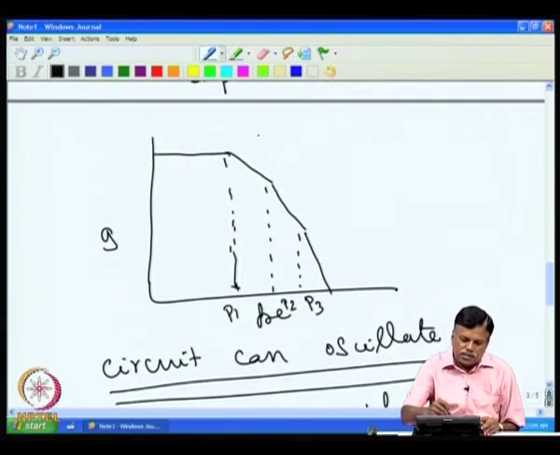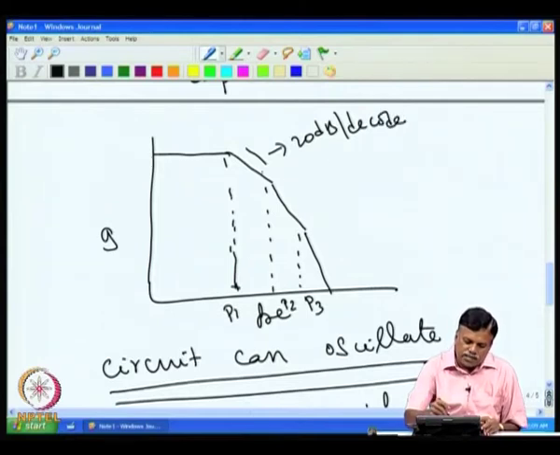As you increase the frequency, this has a 20 dB per decade slope, and the phase shift continuously increases.